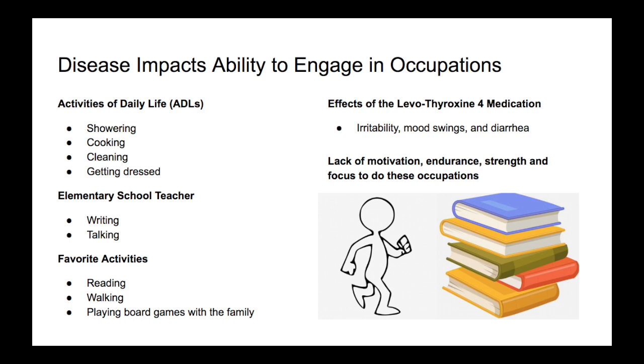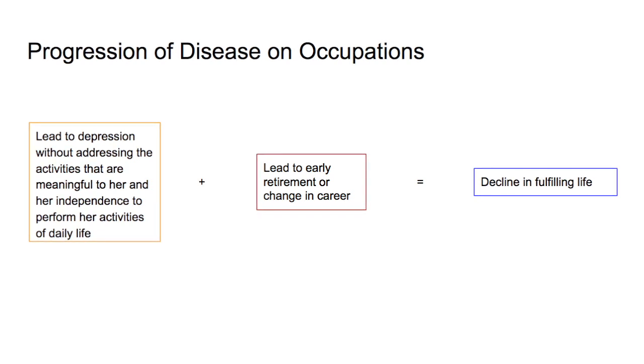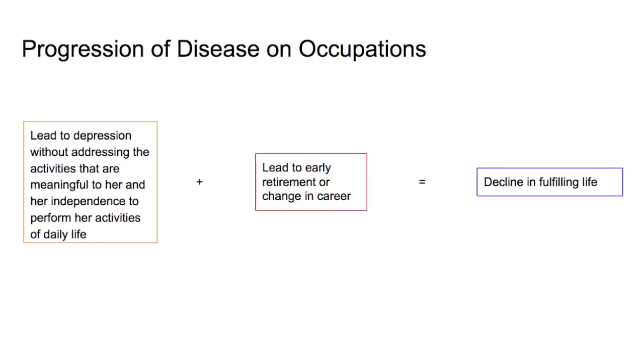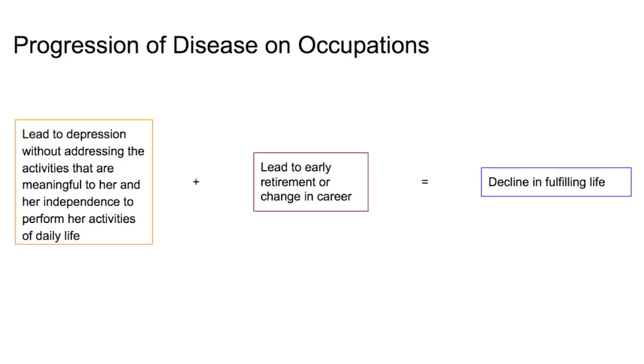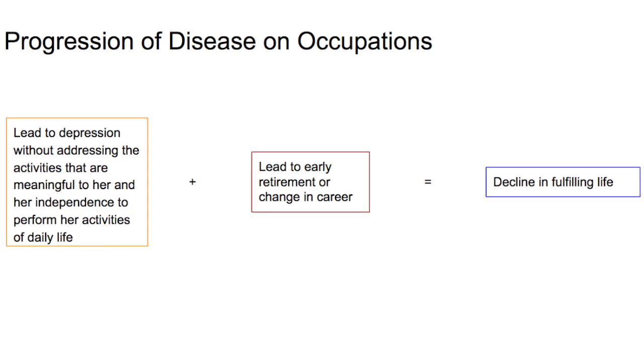And with these effects and the treatment plan that is needed, it will impact her lack of motivation, endurance, strength, and focus to do these occupations. The progression of the Hashimoto's disease on occupations will eventually lead to depression without addressing the activities that are meaningful to her and her independence to perform her activities of daily life.